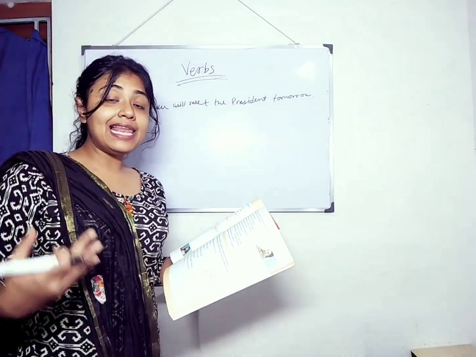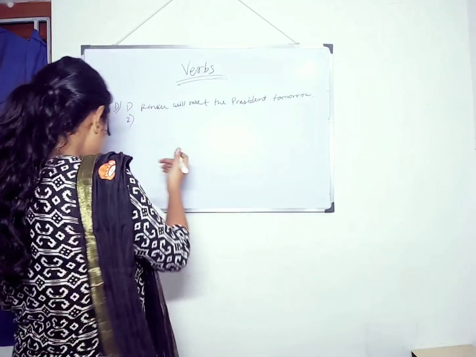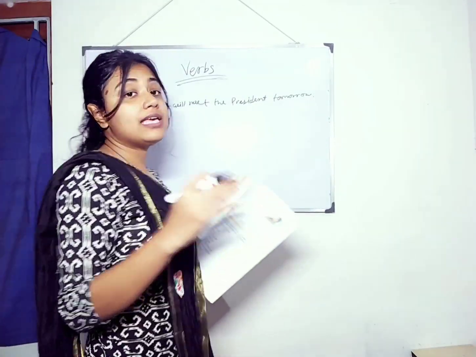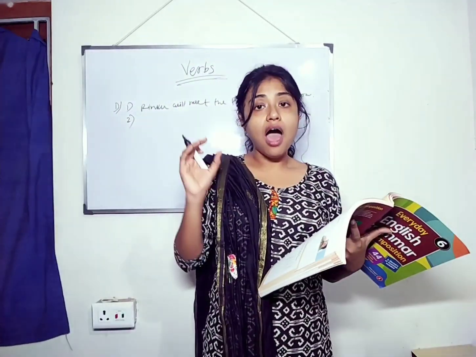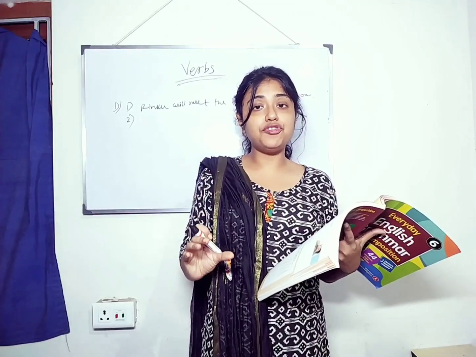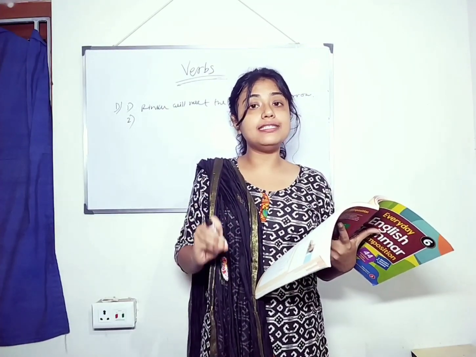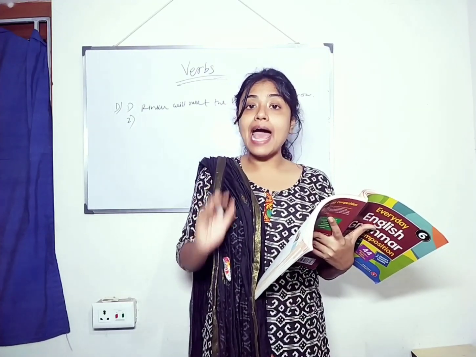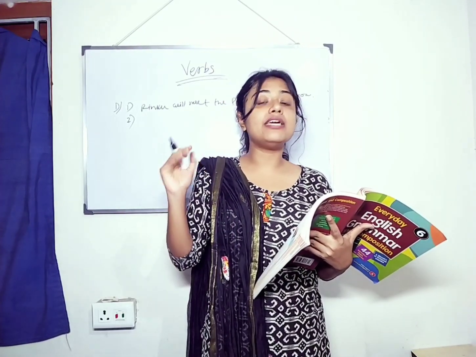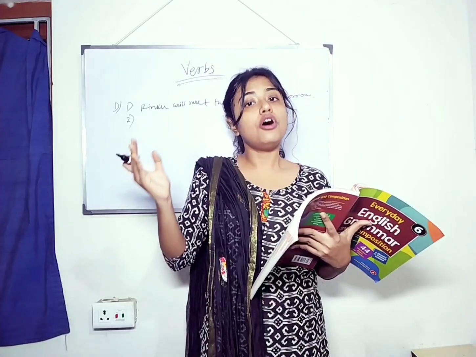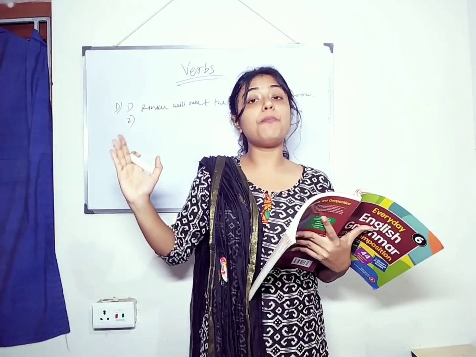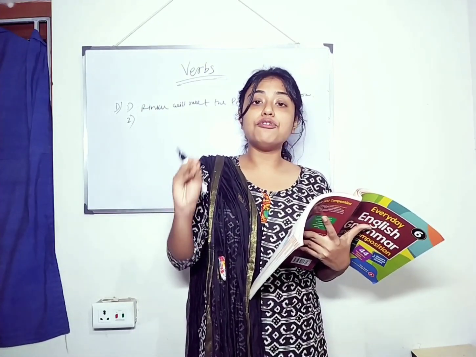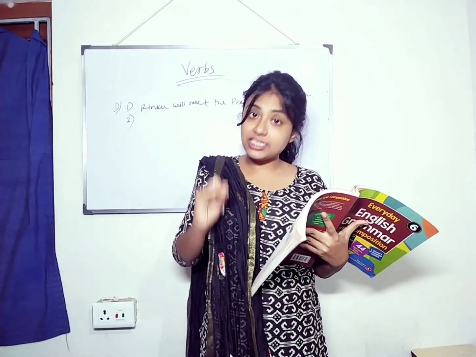So Sohail can write in Japanese. Keep in your mind, after these auxiliary verbs, we have to use the base form of the verb. We cannot even add s or es, or change the verb from the base to past or past participle. We have to retain the verb in its base form.